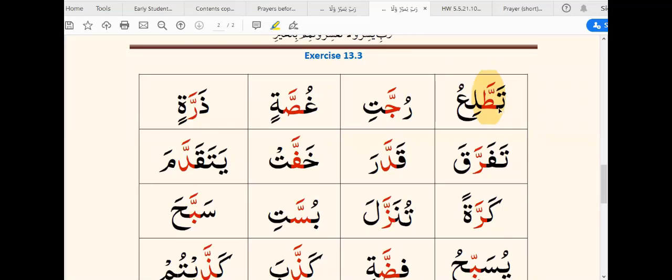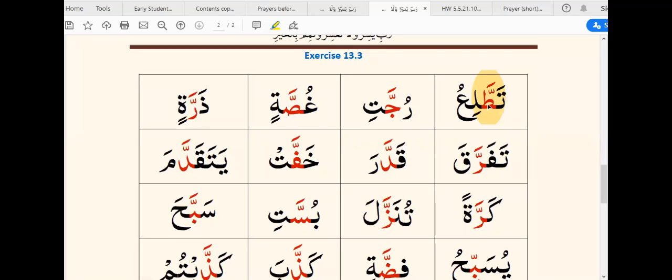For this next sound, we're going to produce letter Ta with a fatha sound. Ta. So we're going to join these two together, but we're going to make sure that we produce the Ta sound 2 times. Ta, ta.